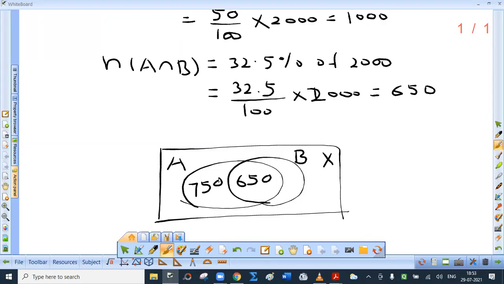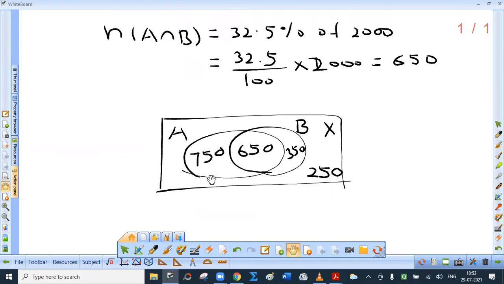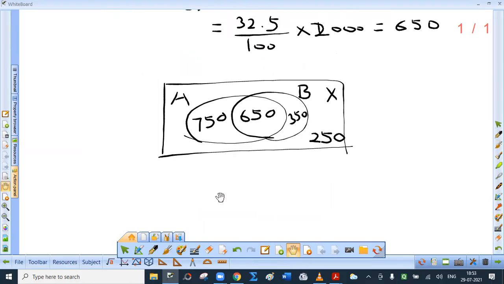And for this other part, B minus A, it is better if you say 1000 less 650. But as there is no space here, I will just write 350. Okay. Now, what is the total? 1750. So remaining 250. Is it? Draw the diagram.